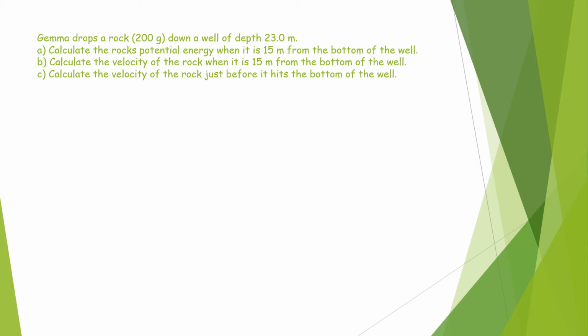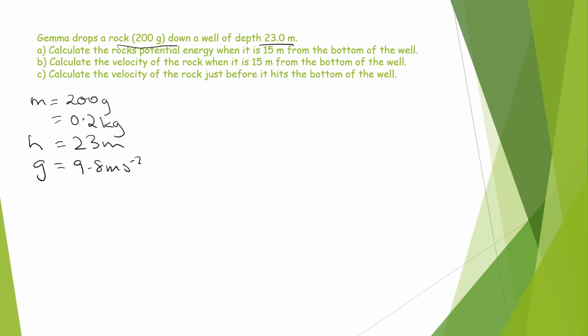Now let's look at another example. Gemma drops a rock, 200 grams, which is 0.2 of a kilogram, down a well which has a depth of 23 metres. We want to do a few different steps here. Let's draw a picture to start with.